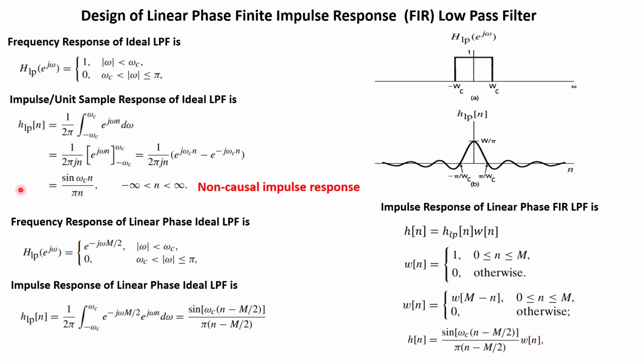If you plot the impulse response of this ideal low pass filter, it will look like this signal. Here I have plotted this impulse response h_LP[n], which is your sinc function. This sinc function extends up to infinity, so this is an infinite impulse response.